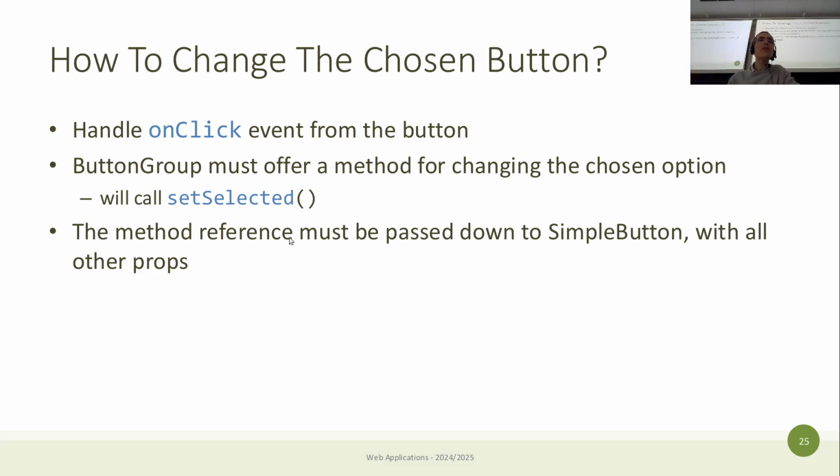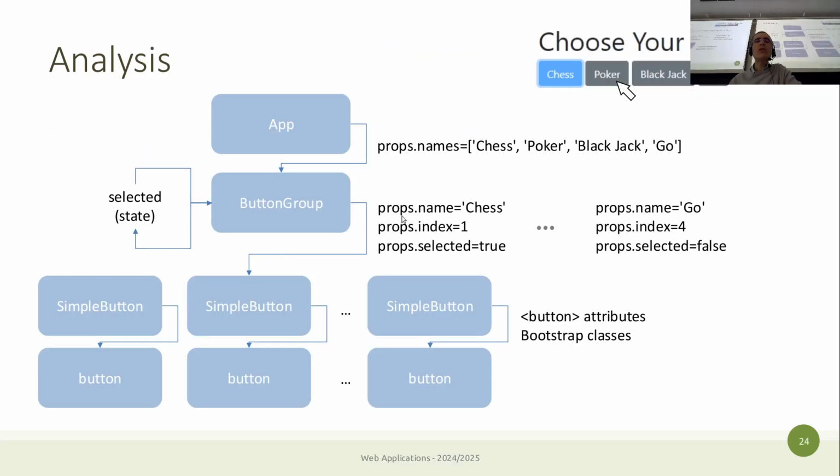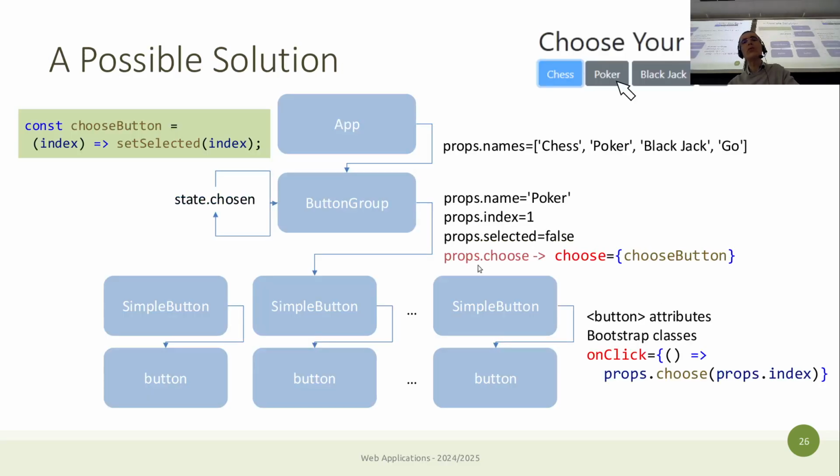So the method reference must be passed down to the simple button element together with the other props. So we can pass props in the form of strings, numbers, arrays, objects, and so on. We can even pass reference to functions as props. And that's what we are going to do.